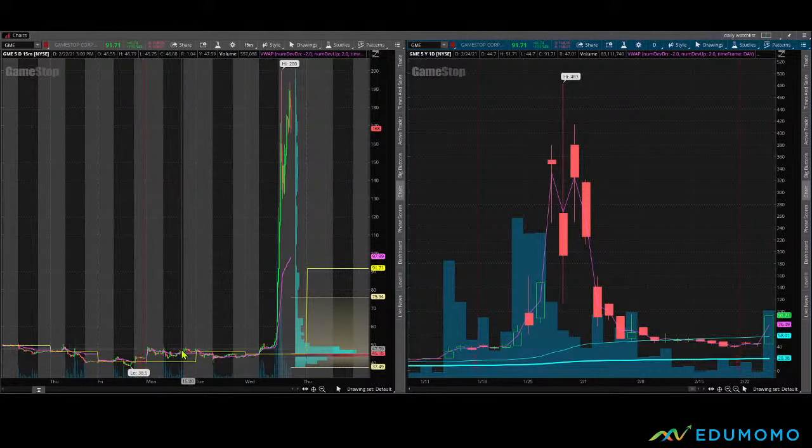I was like, maybe this is getting back. We broke support and flushed, but come Monday, we recovered and got back into the 40s and back above that 44 level. That's when I started thinking, if we start consolidating here on the 44 over the next week or two, we might get a rip, maybe back toward 80, maybe 100.